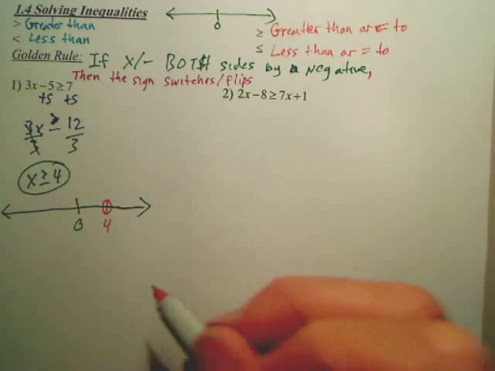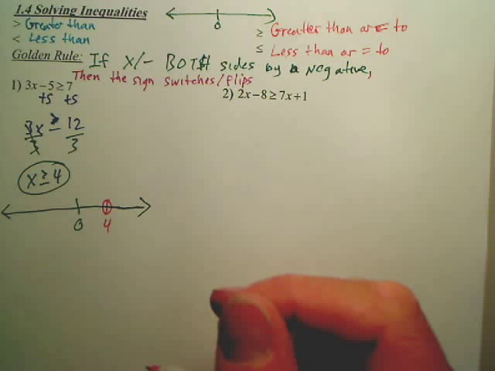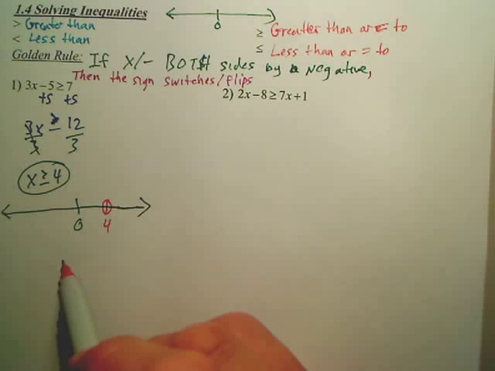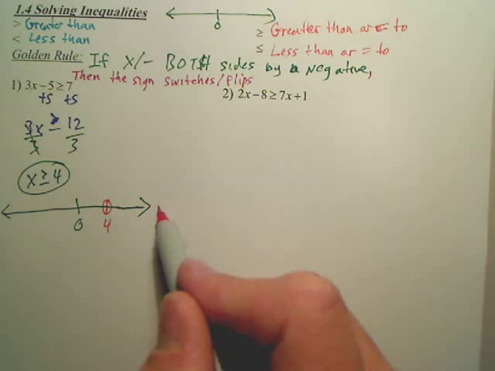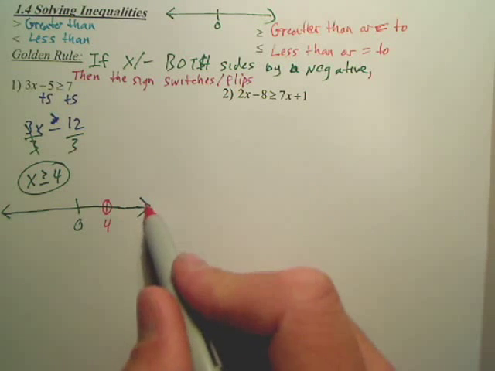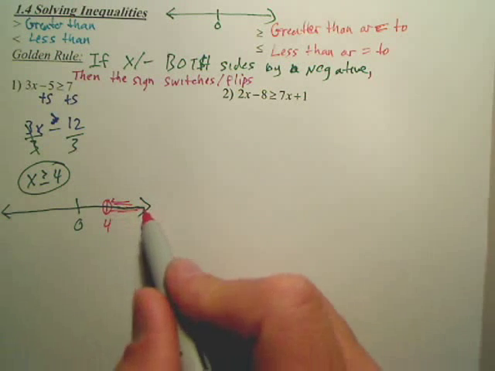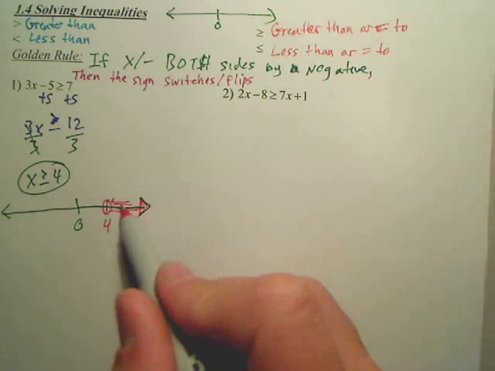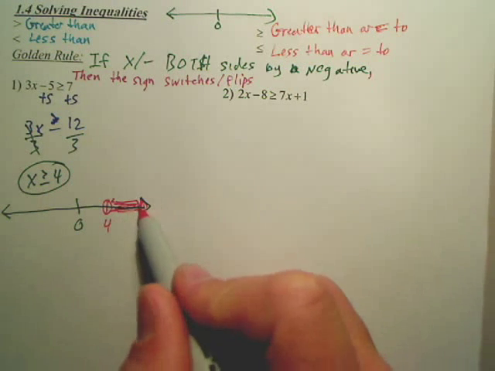Now, which side of that dot is going to be shaded? It says greater than or equal to 4. Which side's greater? Isn't this side greater? Yep. Don't you follow the arrow? You see the arrow points to where you're going? Going to the right.